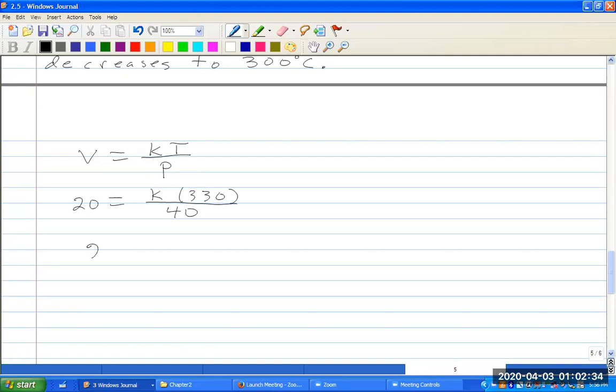And so 20 is equal to 33k over 4. Let me multiply both sides of my equation here by 4.